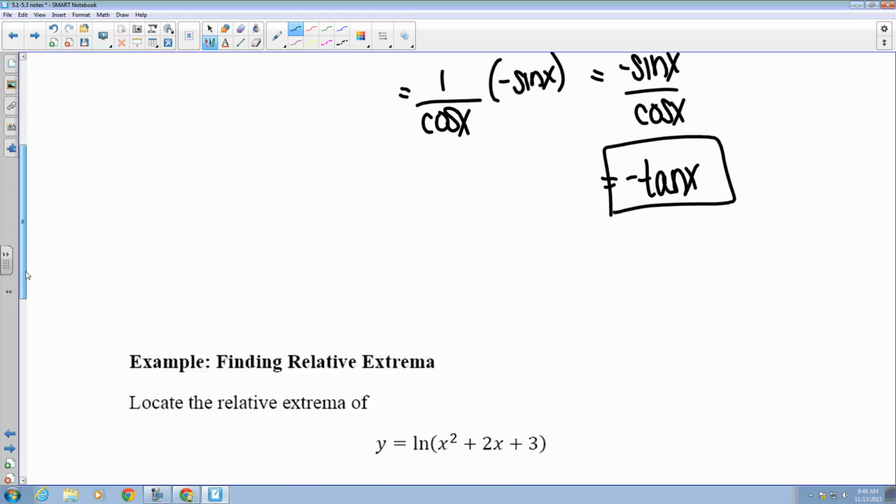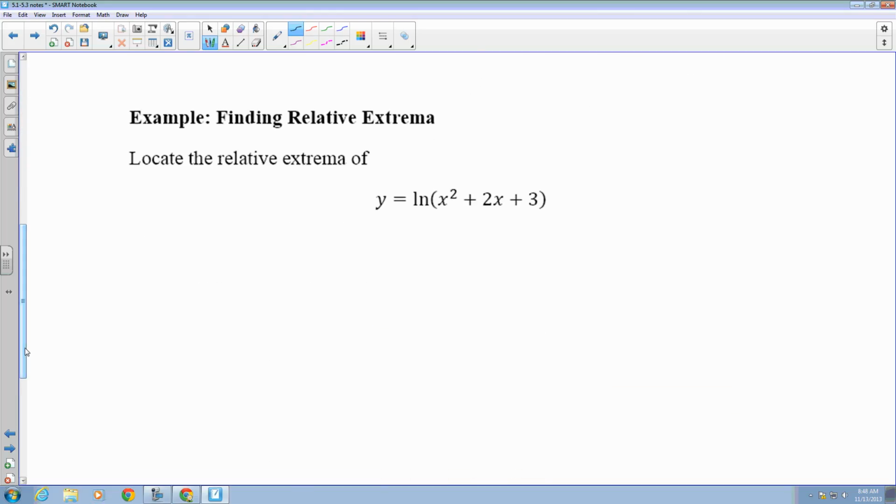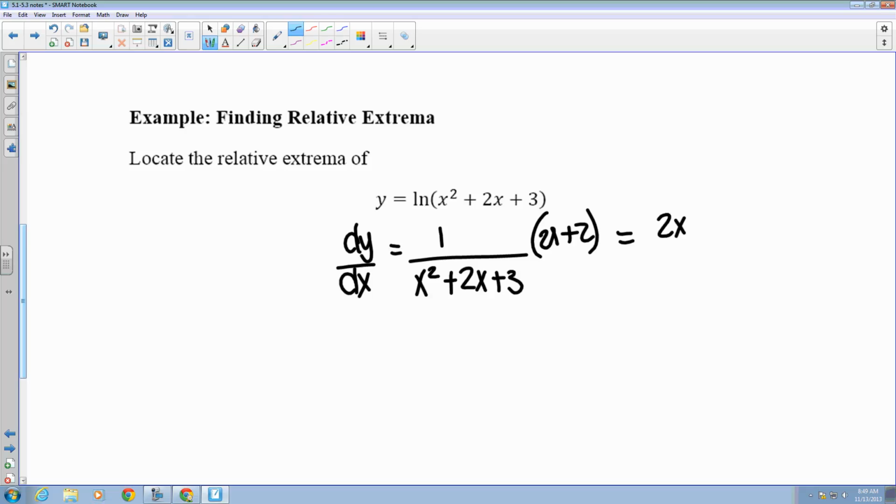Our last question is to find the relative extrema of this function. So what we're going to have to do is take the derivative. So here's our derivative, and I want to know when this derivative is equal to 0, because that's how we find extrema.